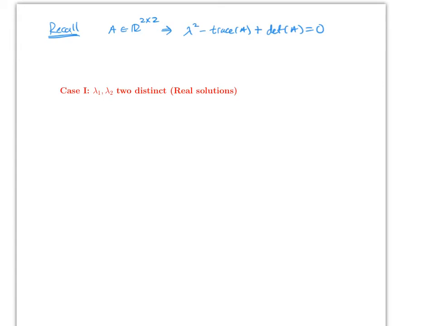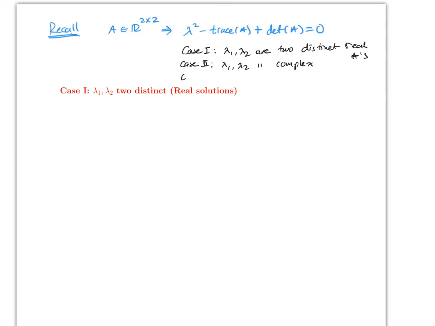Recall that if you solve this equation, you technically had 3 choices. Case 1 was that lambda 1 and lambda 2 are 2 distinct real numbers. Case 2 is that lambda 1 and lambda 2 are 2 conjugate complex numbers.